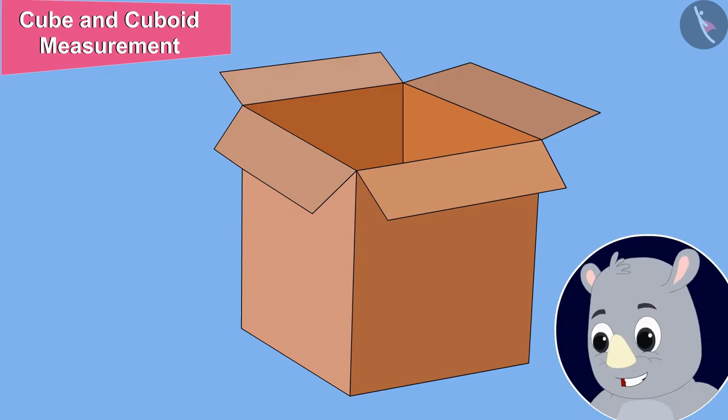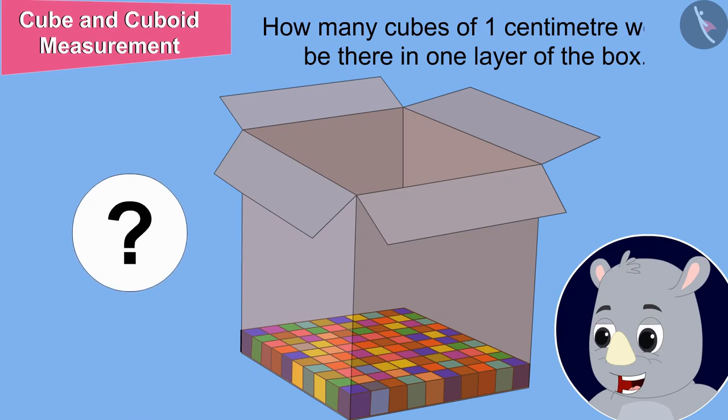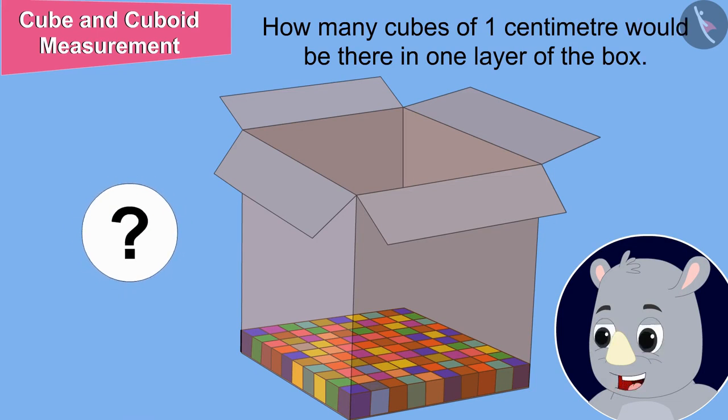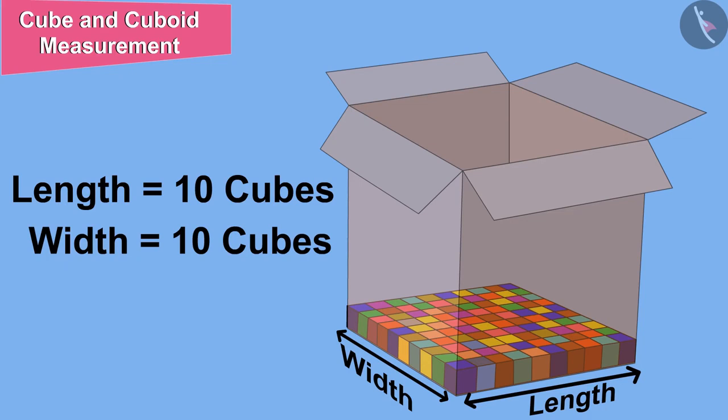Or let's find out first how many cubes of dimension 1 centimeter would be there in one layer of the box. 10 cubes will come in the length of the box and also 10 cubes in its width.